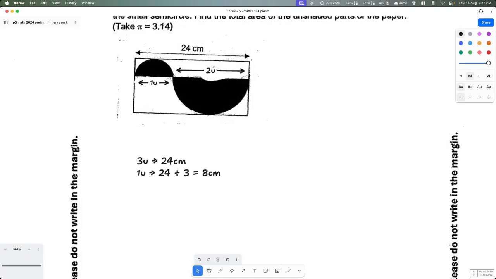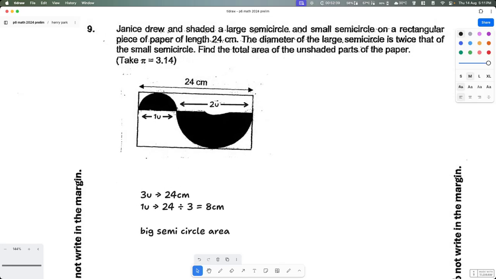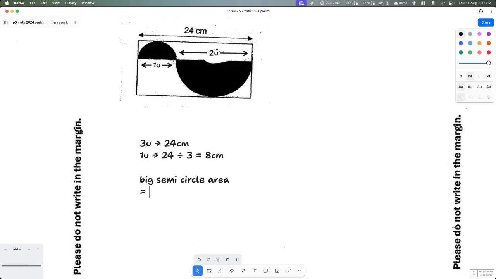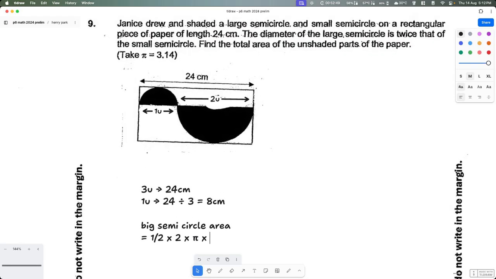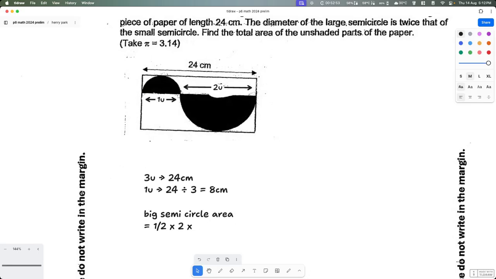Okay, so the total area shaded. The big semicircle area is equal to half times pi times radius times radius.